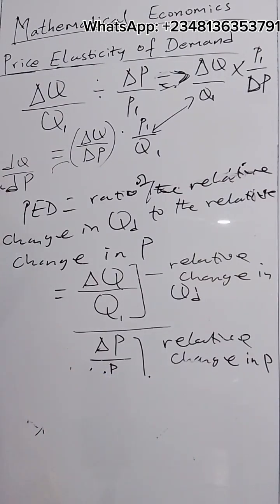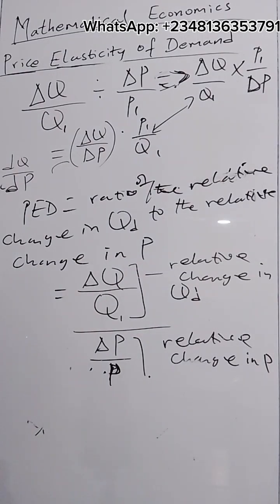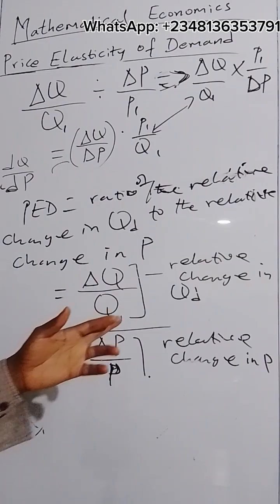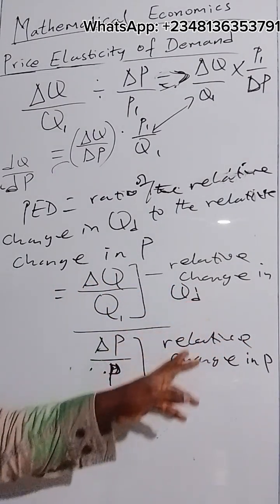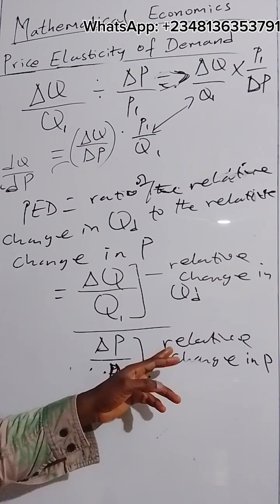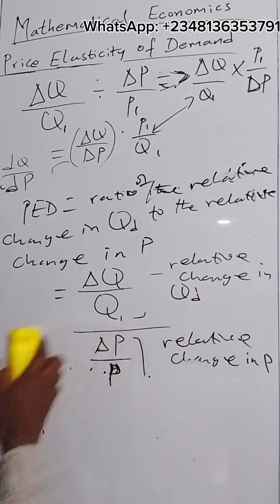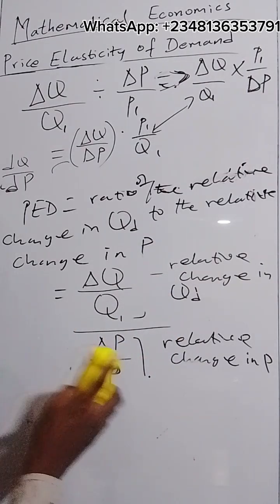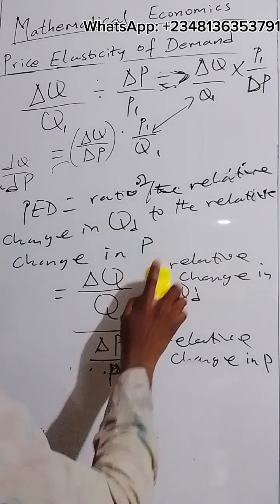Now look at this formula very well. We said it's the ratio of the relative change in quantity demanded to the relative change in P. So I can manipulate this formula. I can convert this relative change to percentage change by simply multiplying it by 100.